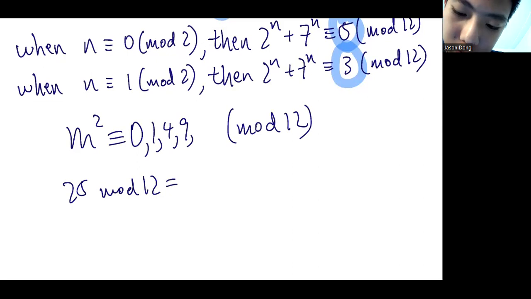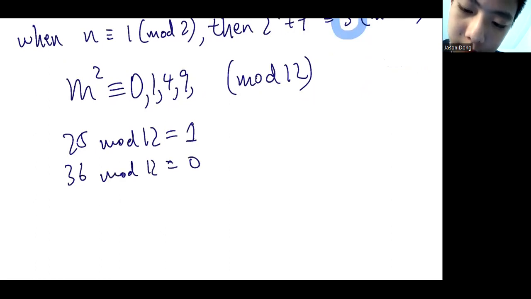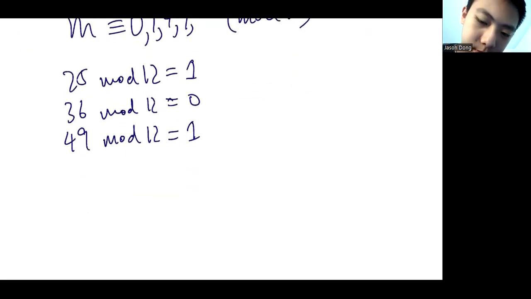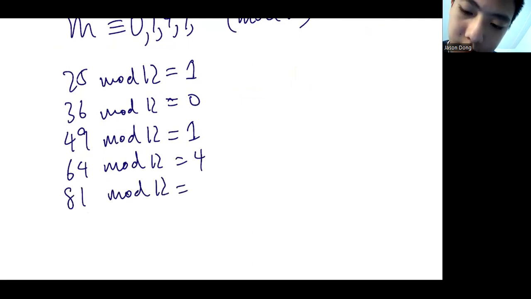That will be equal to 1. 36 mod 12 is 0. 49 mod 12 is 1. So 64 mod 12 is 4. 81 mod 12 is 9.